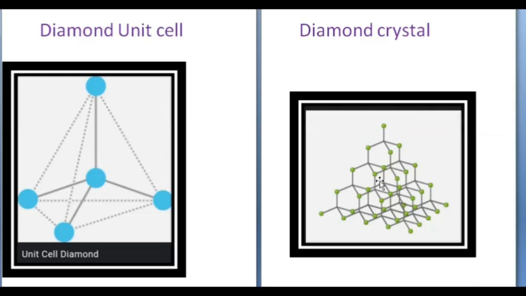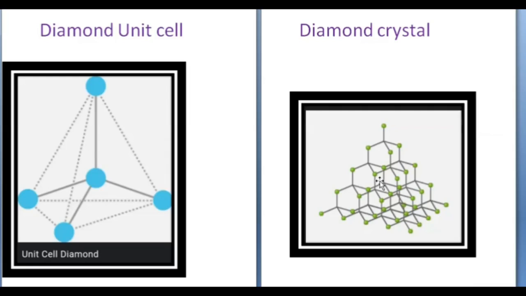First property is that since carbon-carbon bond length is very small, that is 1.54 angstrom, the carbon atoms are packed very close to each other and therefore mass per unit volume is high, and that is why diamond has high density. Diamond is a non-conductor of electricity since all the valence electrons are involved in bonding and no free electron is left.